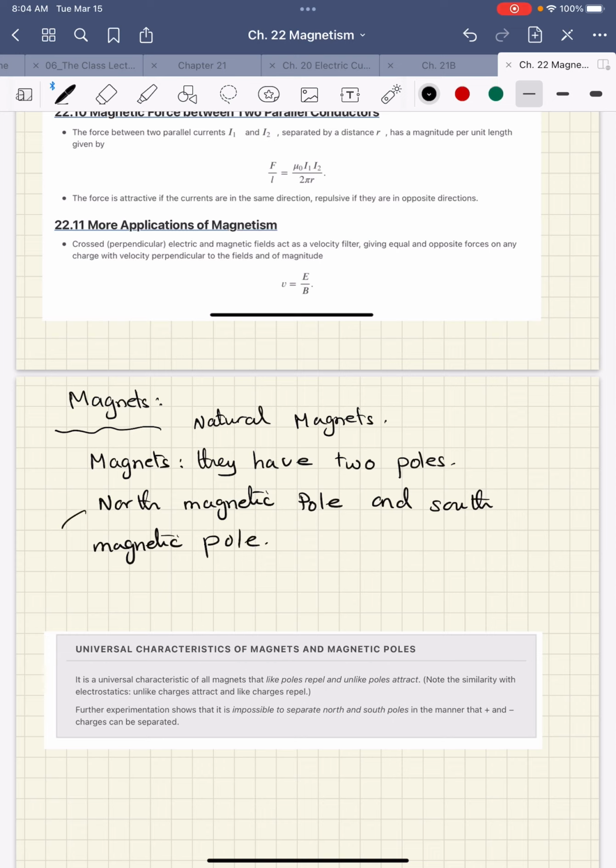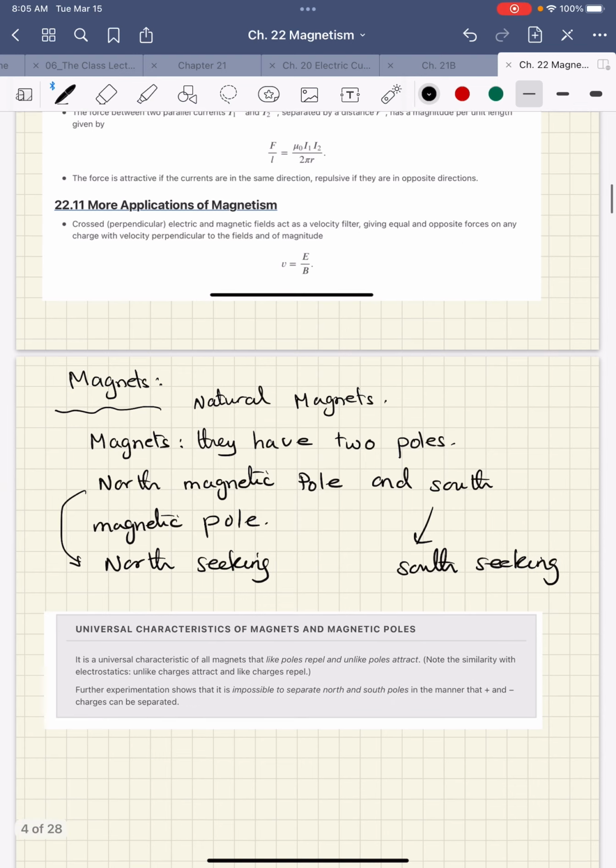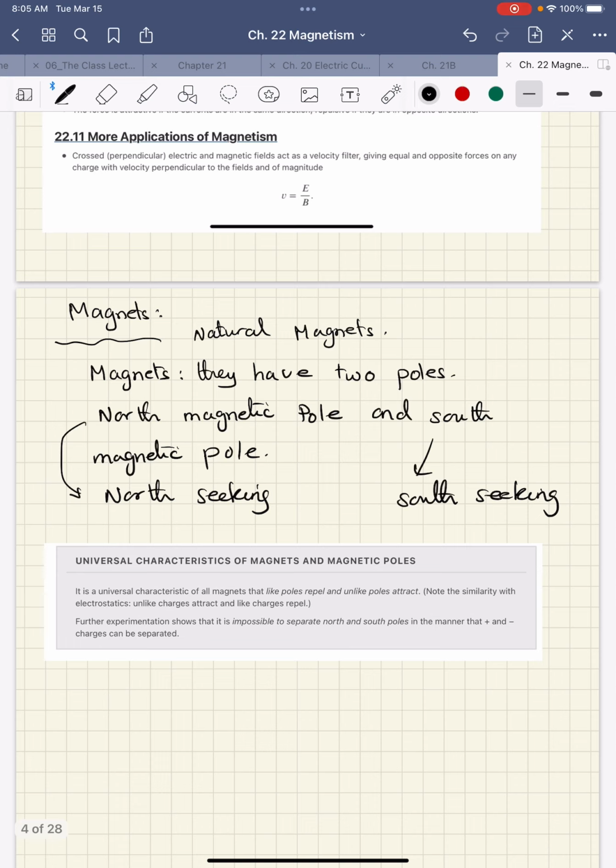Sometimes we call these north seeking and south seeking. These are areas or points in the magnet where we are going to have the magnetism very strong.